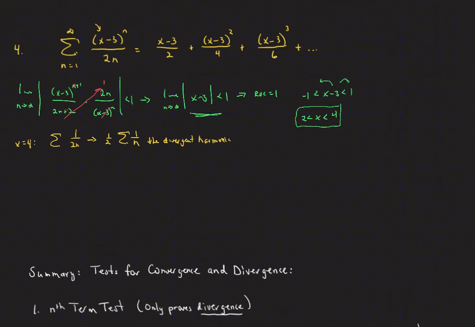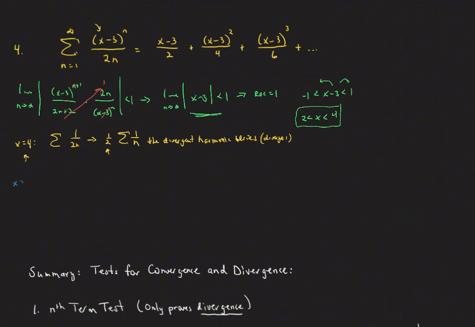So if the harmonic series goes to infinity, any constant times that will also go to infinity, so it diverges. So that means we are not going to include x equals 4 in our interval of convergence.